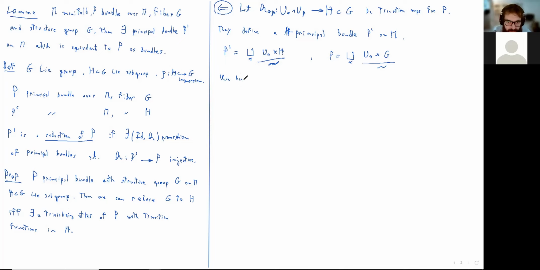And at the level of single charts, well, I think this is pretty obvious. We have the obvious map: U alpha times H needs to go into U alpha times G. Not a big surprise, it's just an immersion. But this is only for one chart. So the claim is that it passes to the quotient.